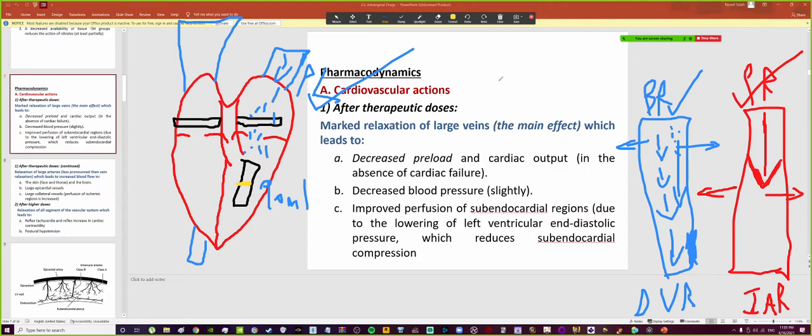Now, if you remember physiology, basically when there is an increased amount of end-diastolic volume, increased preload, your myocardial fiber is going to stretch. Like a rubber band, it's going to stretch. I want you to think these rubber bands are myosin and actin in the cardiac muscle.